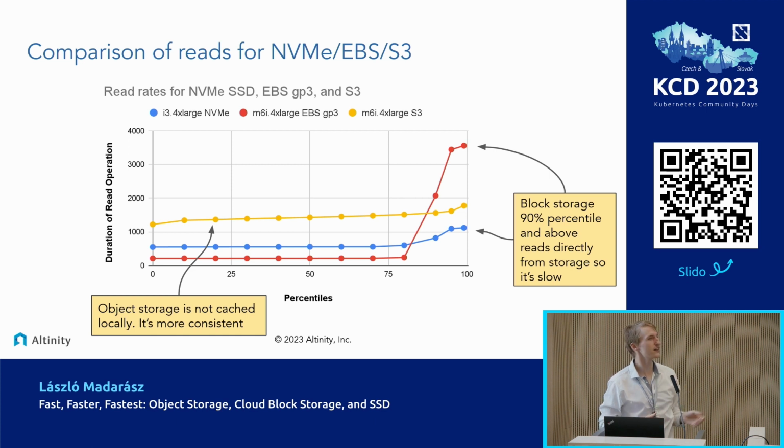This is again a percentage, so we can take a look at the fastest and the slowest read executions. You can also see that block storage gets some pretty slow results. That's probably when the cache couldn't fire up yet. And the NVMe is constantly performing at a good rate.